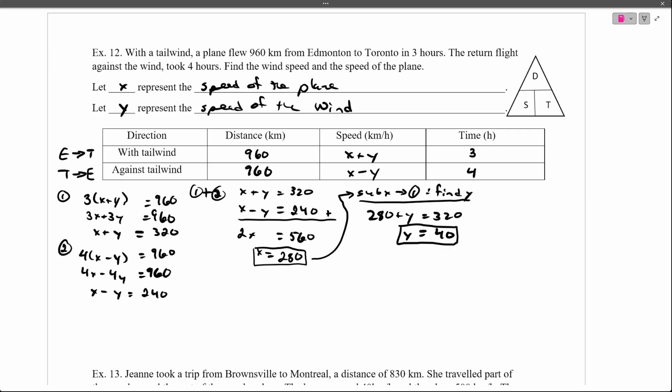So the plane moves at 280 kilometers an hour on its own, and the wind moves at 40 kilometers per hour. Therefore, the plane speed was 280 kilometers per hour, and the wind speed was 40 kilometers per hour.